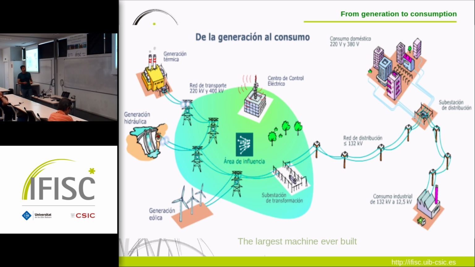In Spain, it's called Red Eléctrica, because this is a critical infrastructure of the country. So it's a monopoly, a single company that deals with the transmission. And then you have the distribution, which is already in private companies. And then these are the consumers.